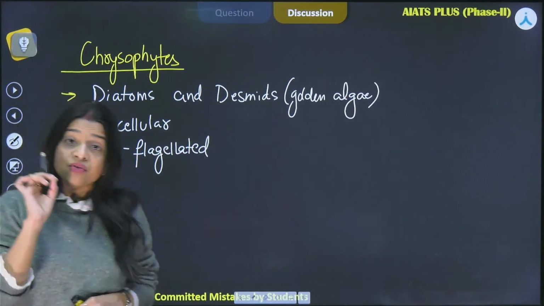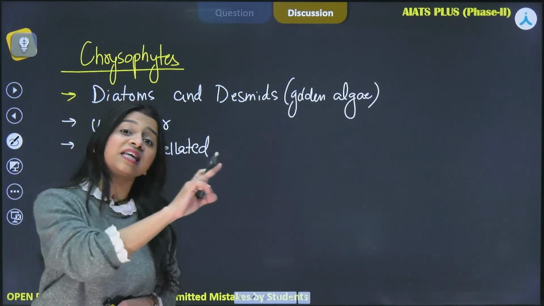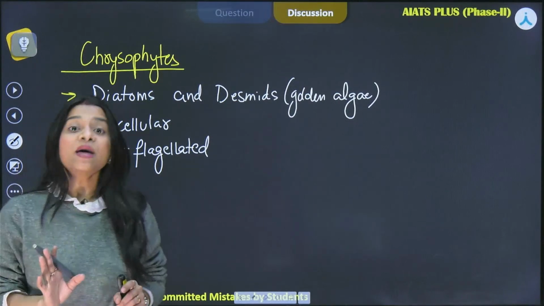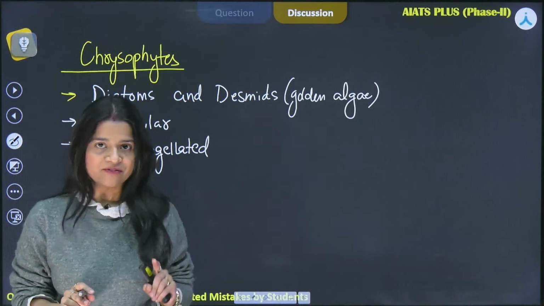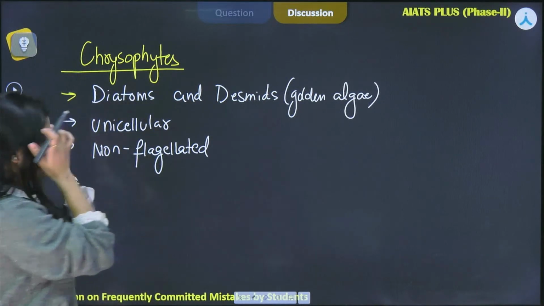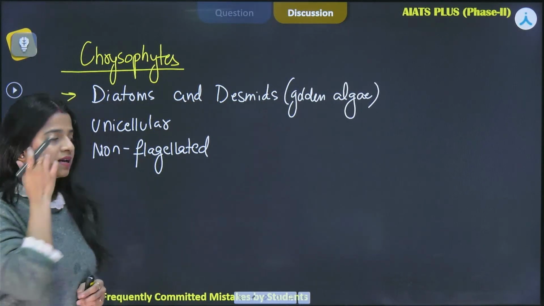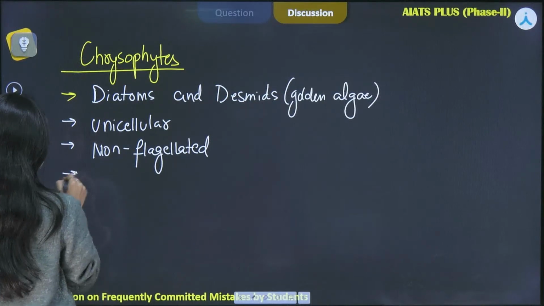But they will have flagella in their reproductive stage. Keep that in mind, that is an exception. In their reproductive stage they will have flagella, but here we simply say they are non-flagellated organisms. They are non-motile.